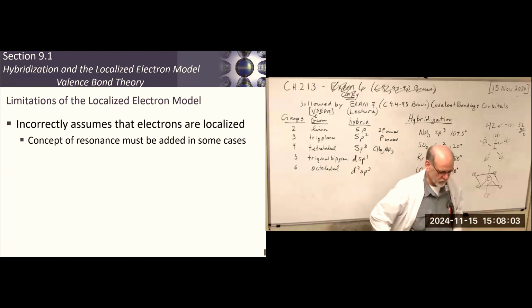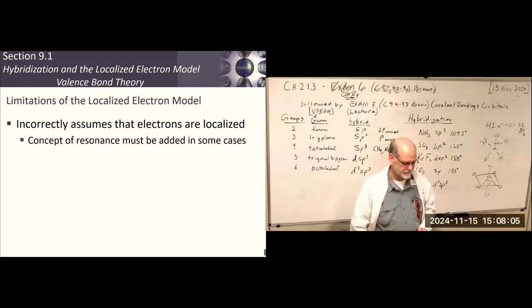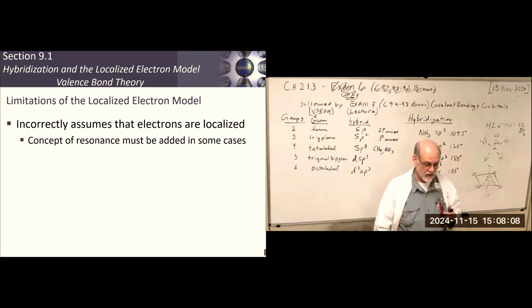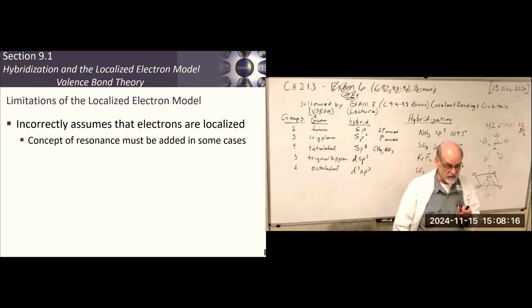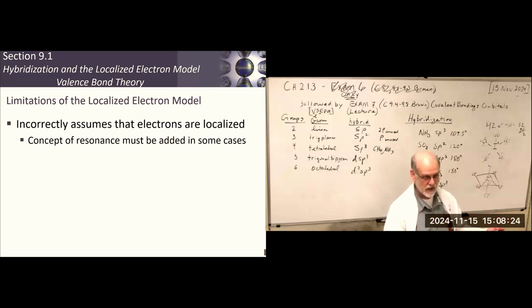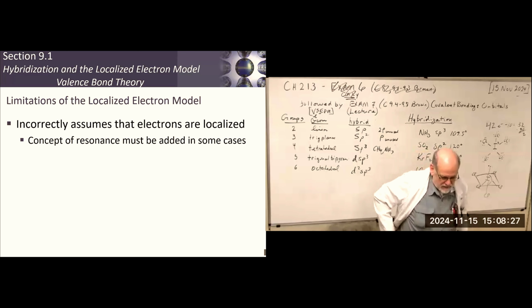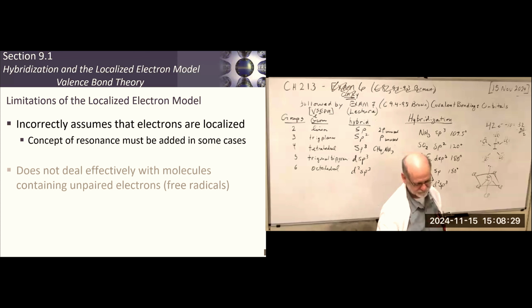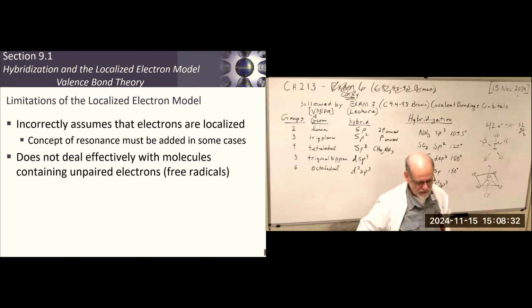Okay, let's look at what's really wrong with the localized electron model. First of all, it assumes incorrectly that the electrons are localized around each atom. That's why we get ourselves into a mess and have to use hybridization or resonance to solve problems. It also does not deal effectively with molecules that have unpaired electrons, free radicals.